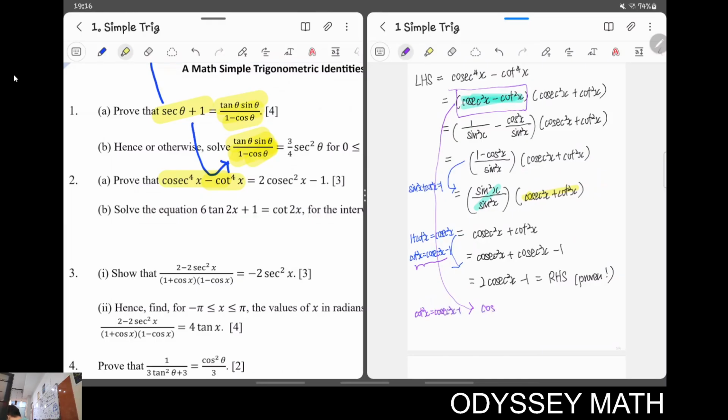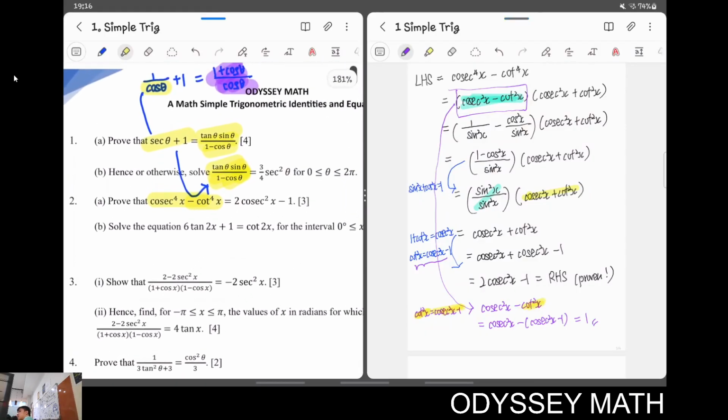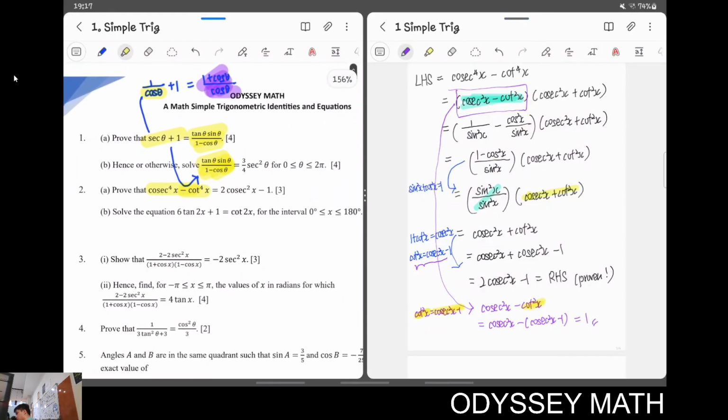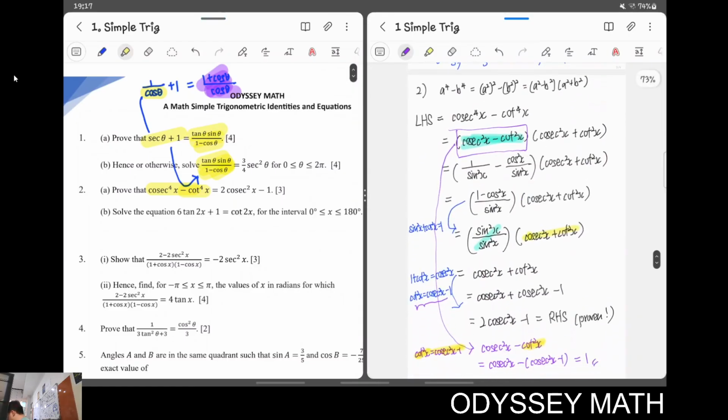So then we have cosecant square x minus cotangent square x equal to, you replace this in here, cosecant square x minus bracket cosecant square x minus 1 equals 1. Understand? That's another way to go about it. So this is for 2a over here.